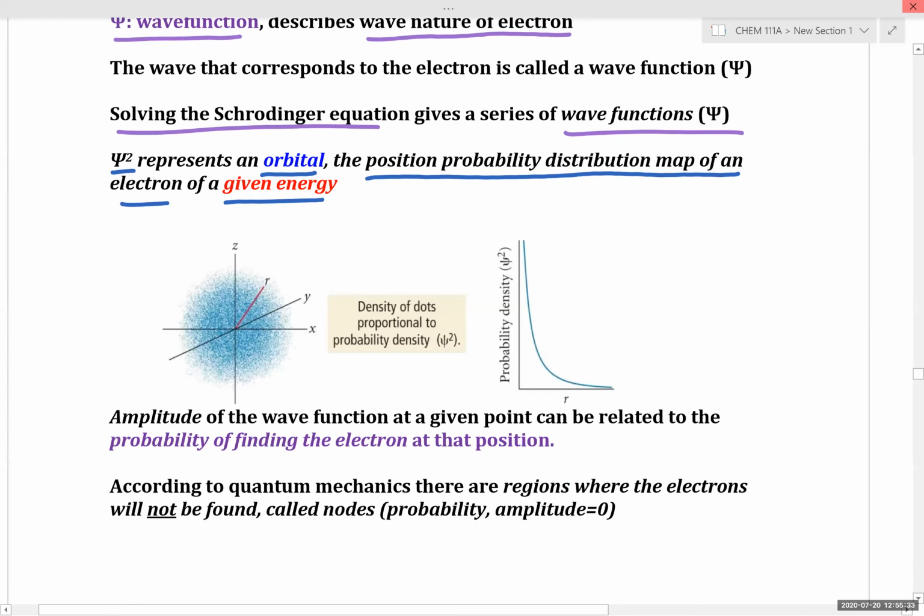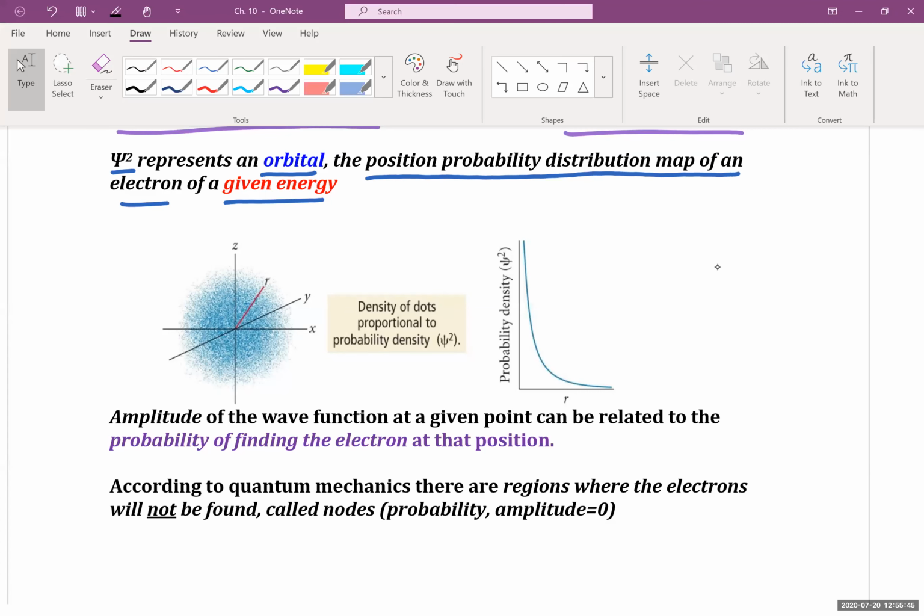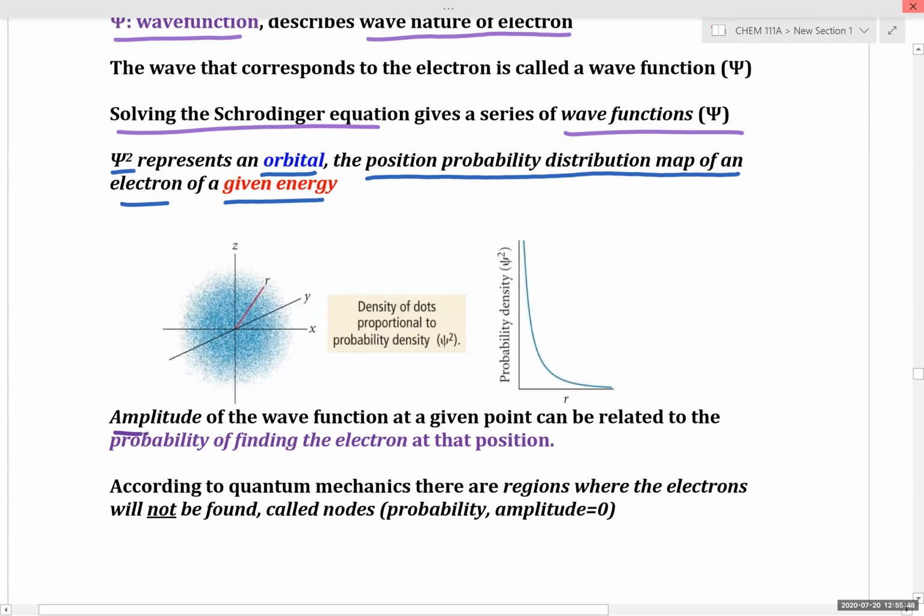So again, it's saying for an electron of a given energy, here is the probability of an electron being in this location. So the amplitude of the wave function at a given point can be related to the probability of finding the electron at that position.